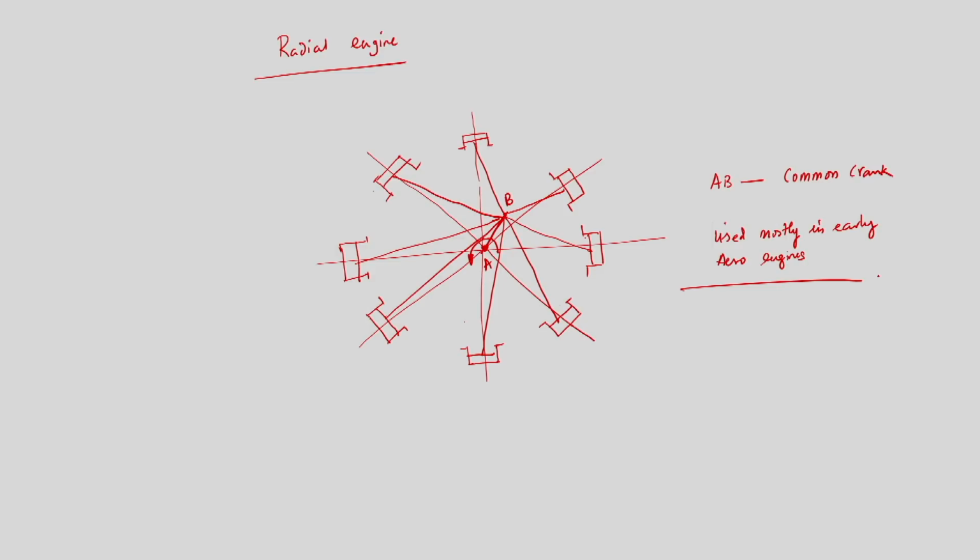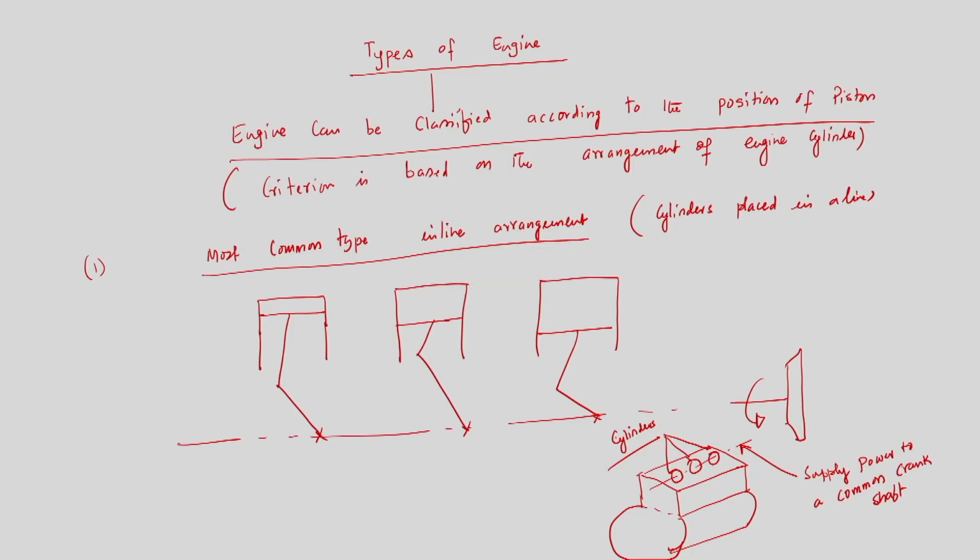So, we have discussed that based on the cylinder arrangement, rather position of the piston, we can classify engines into different categories. The most common type is the inline arrangement, where cylinders are connected in a line and supply power to a common crankshaft.